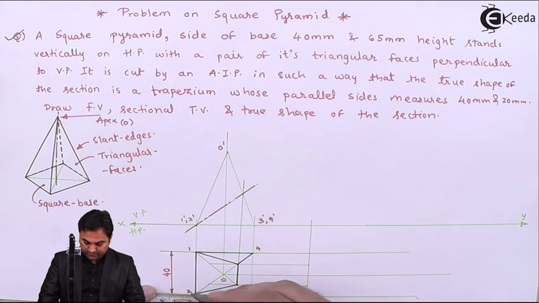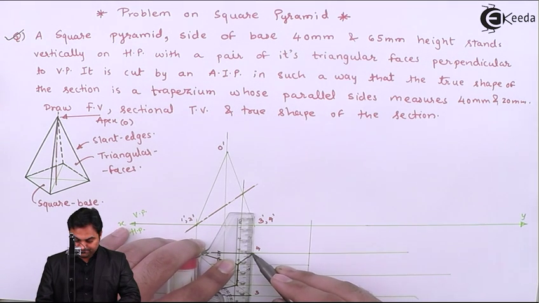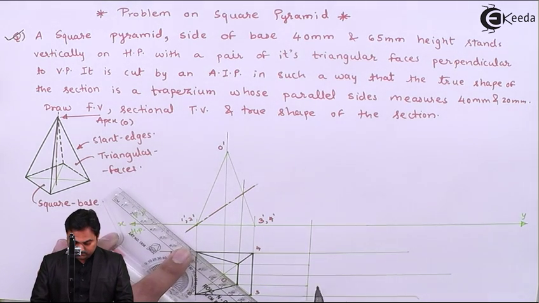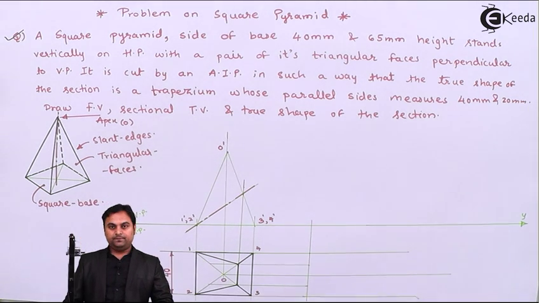Next 2 to 3 will be visible. 3 to 4 will be visible because they are the outlines, and then the slant edge will be visible.